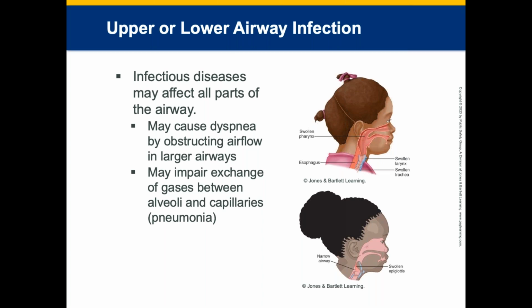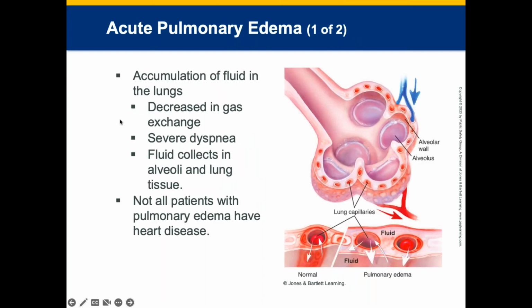It may also cause dyspnea by obstructing airflow in larger airways, or may impair exchange of gases between the alveoli and the capillaries, and that you would see with pneumonia. Acute pulmonary edema is an accumulation of fluid in the lungs. If we have fluid in the lungs, we're going to have decreased gas exchange and severe dyspnea. But you have to listen to lung sounds. Very, very important. We're going to cover that here in a second.